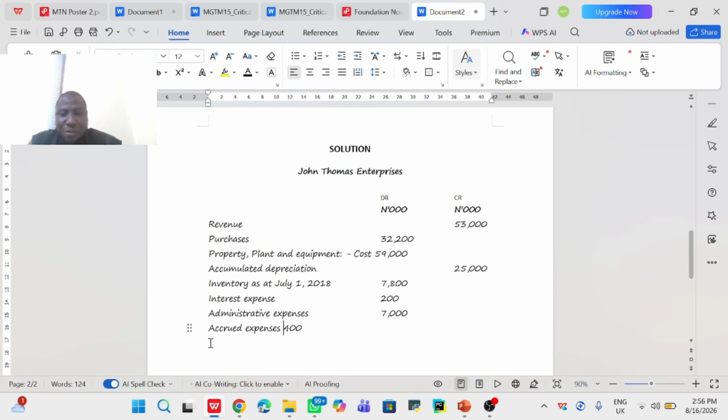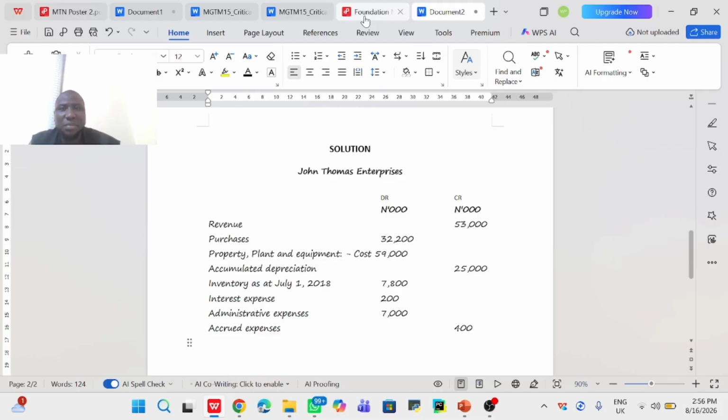You did not pay for 2 years. That's accrued. That is owing. That is a liability for you, a current liability, a short-term liability. And all liabilities will be on the credit side. So that is why we have this on our credit side.